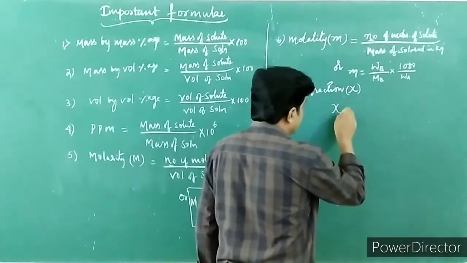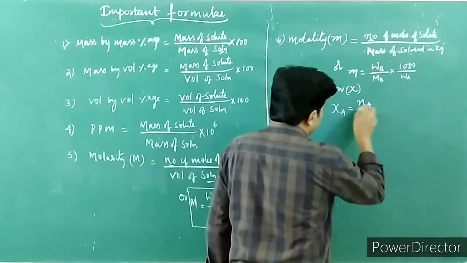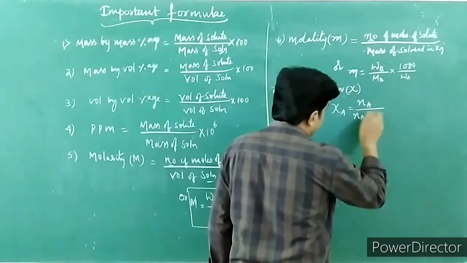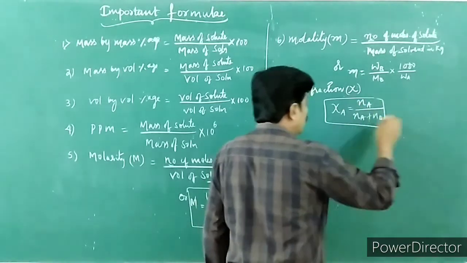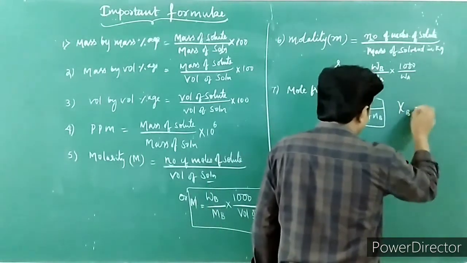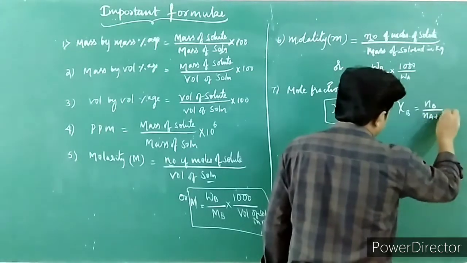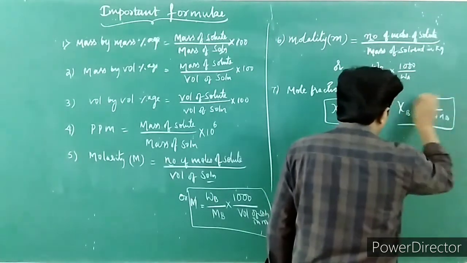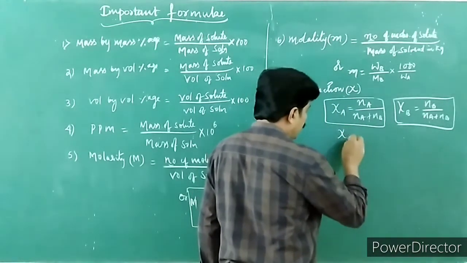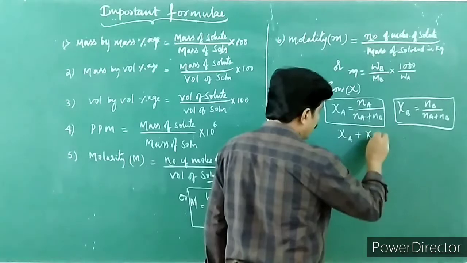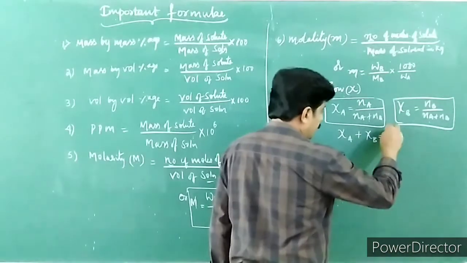Chi A is equal to Na upon Na plus Nb, or chi B is equal to Nb upon Na plus Nb. And you know this, for a binary solution containing two components, the sum of the mole fractions of both the components is equal to 1.